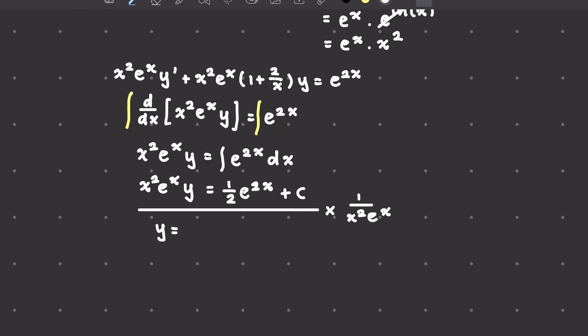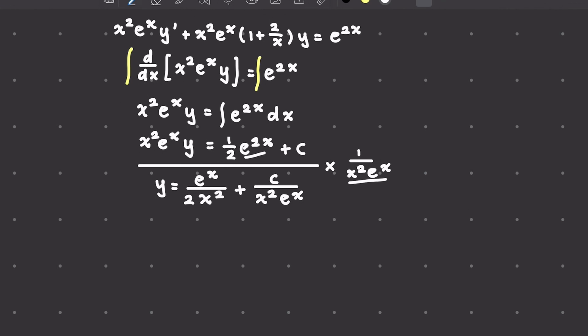On the right hand side we will get 1 over 2 e to the 2x times 1 over x squared e to the x, which gives us e to the x over 2 times x squared, plus c over x squared e to the x.